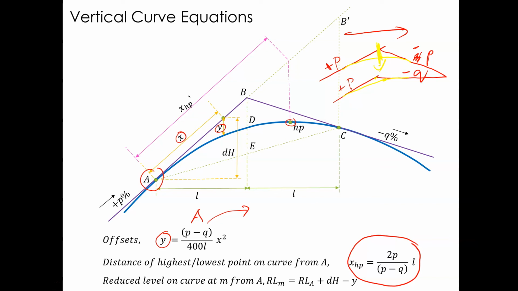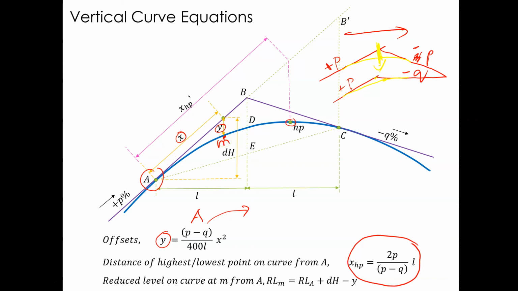And the reduced level of M, which is a level on the curve at M, here, will be the reduced level of A plus dH minus y. So I will have a dH there: reduced level of A plus dH minus y.